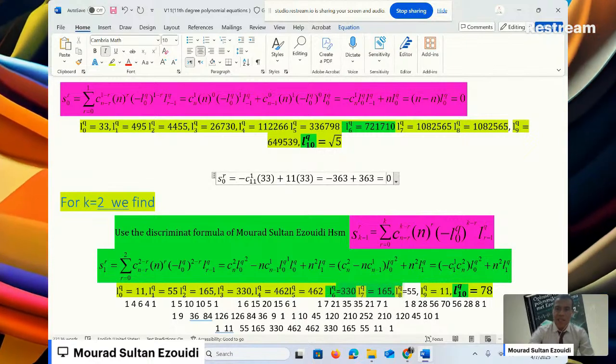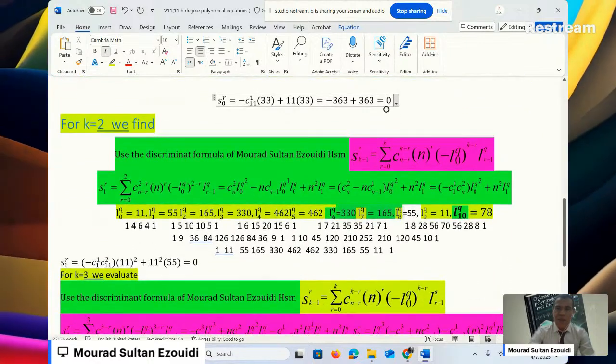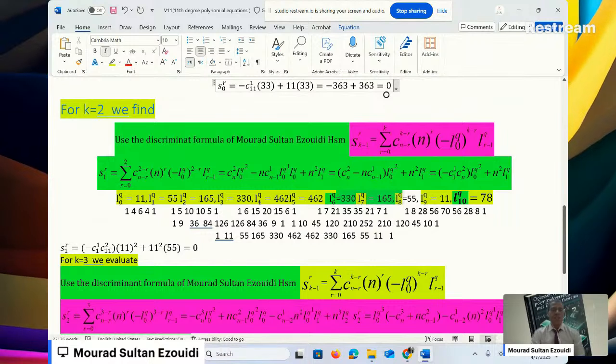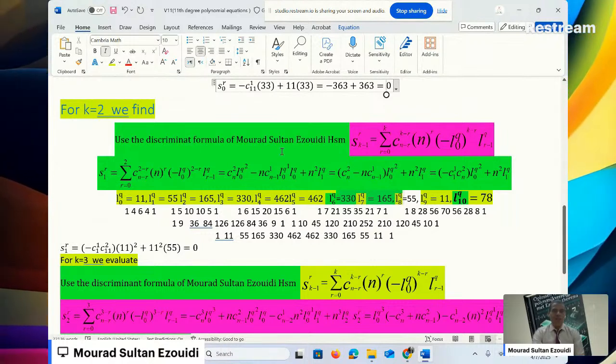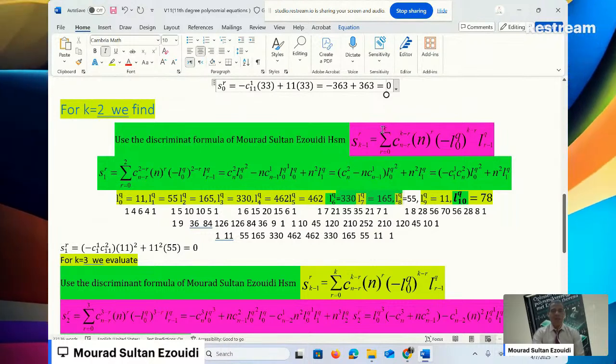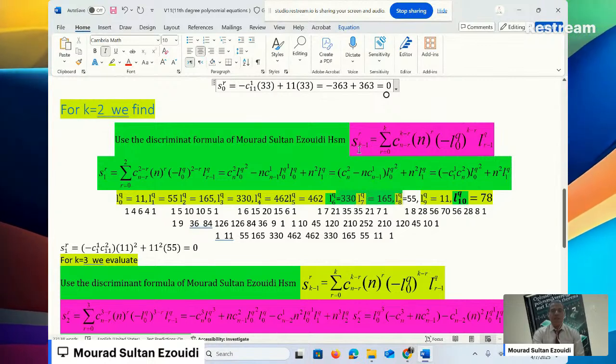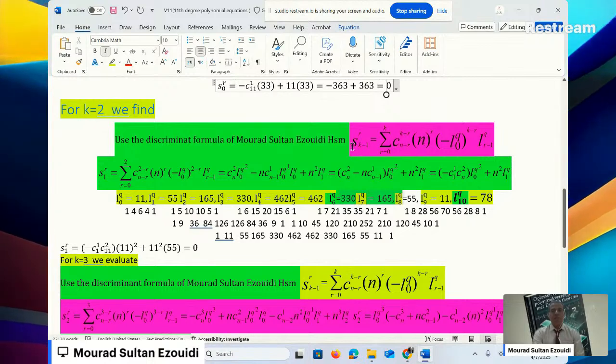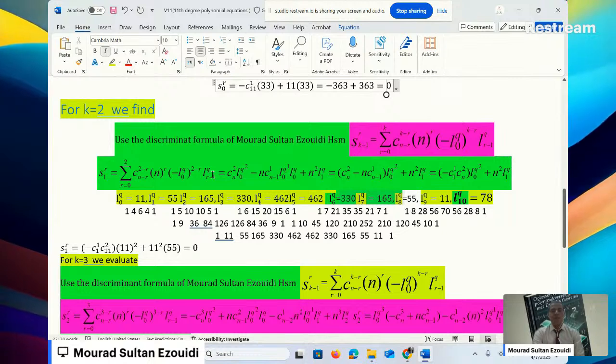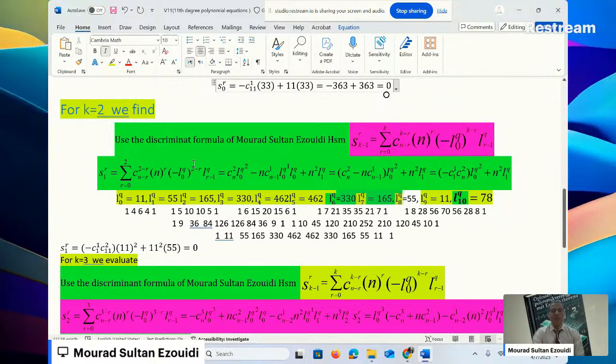Now, my kids, I should now find what? Find S1. To obtain S1, go back to the Ezouidi theorem and replace k equal to 2 here. So it will be S2 minus 1, which will give you S1 for the r.